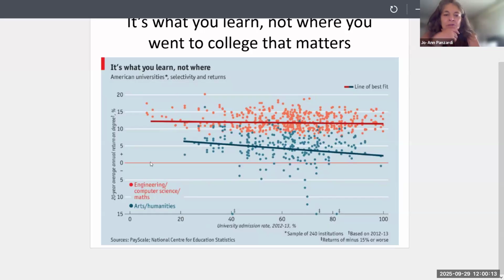The blue dots, which they gave you a line for, were based on people with a degree in the arts and humanities, and the red line represents engineering, computer science, and math. So you might think, okay, well, why are alumni who get degrees in engineering, computer science, and math ranking their average annual return higher than arts and humanities?